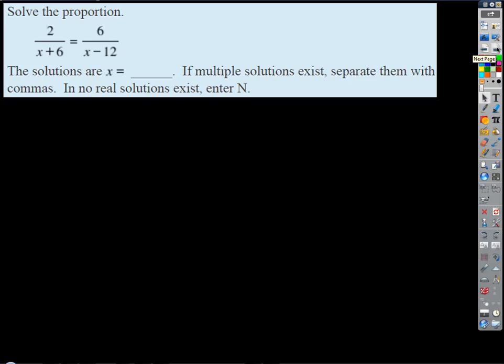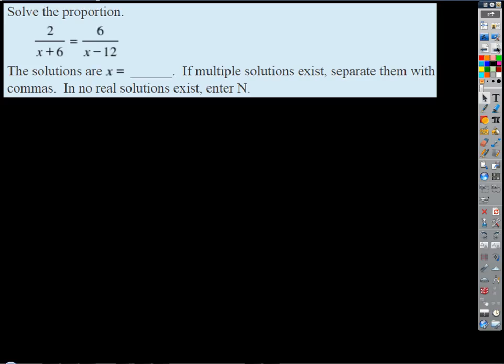Okay, what about this? Now, this is a proportion, because it's a fraction equal to a fraction. So I could clear the fractions by multiplying both sides through by x plus 6 times x minus 12. That's going to work. What would happen if I did that?